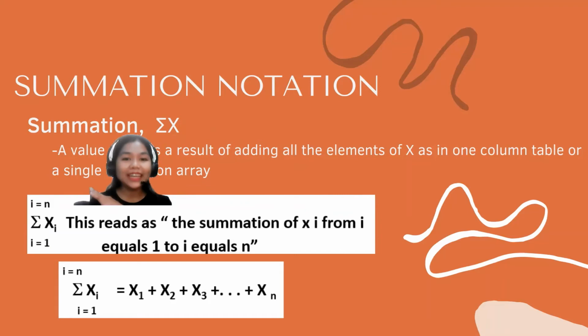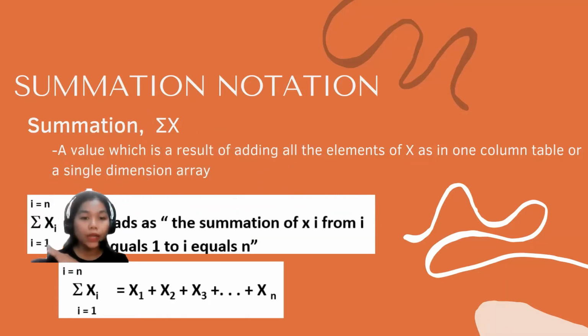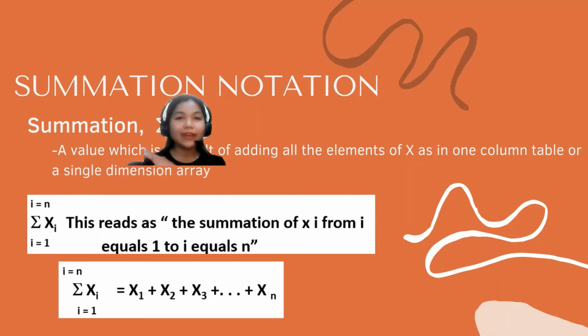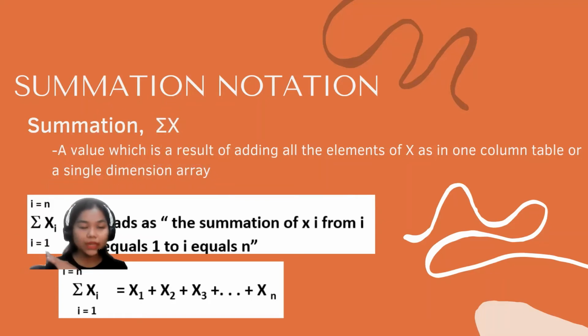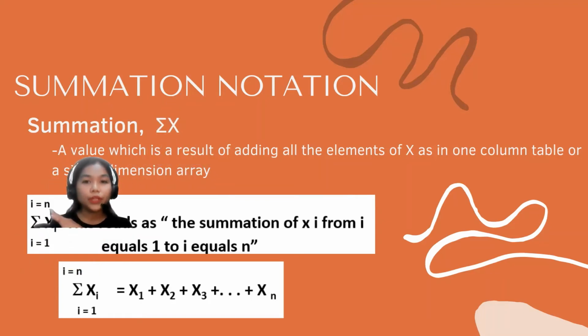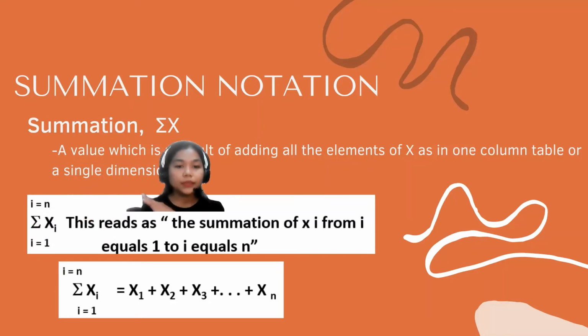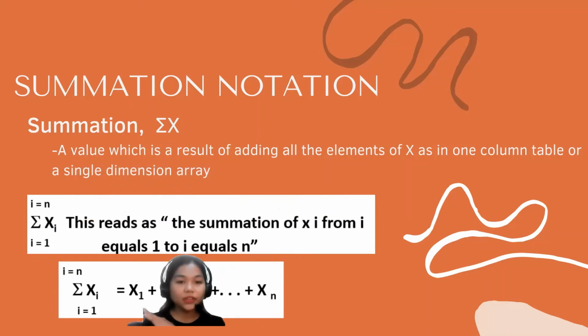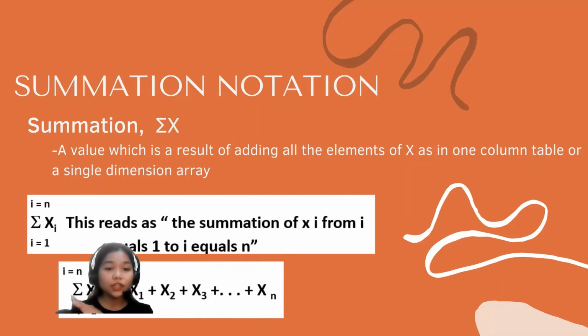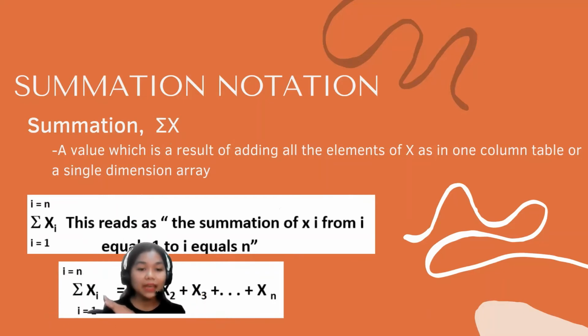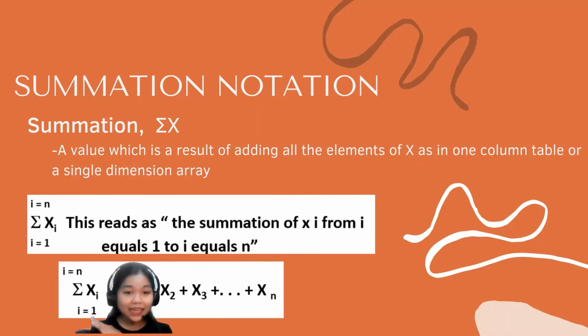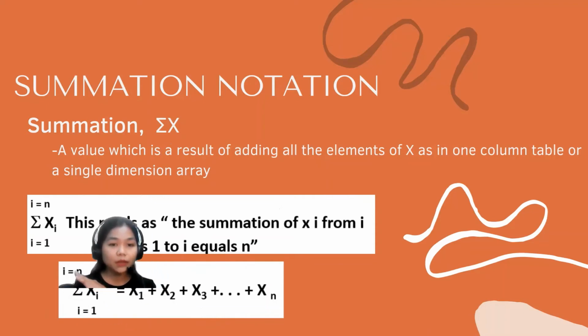So if you are adding 10 numbers, then i ranges from 1 to 10. If you're adding 20 numbers, then it could range from 1 to 20. So if we're going to expand this notation, summation of xi from i equals 1 to i equals n.